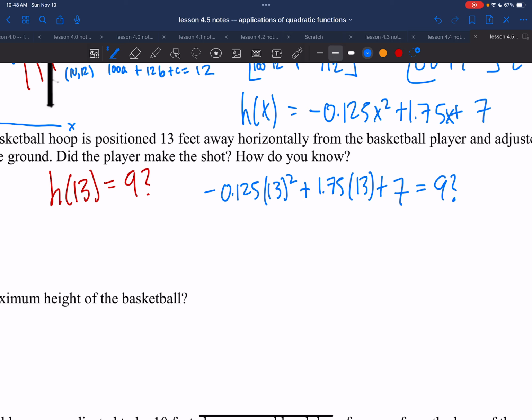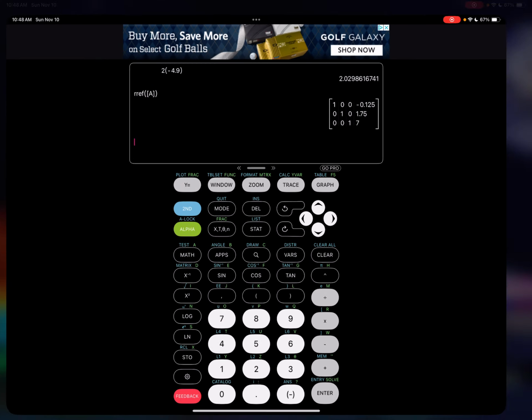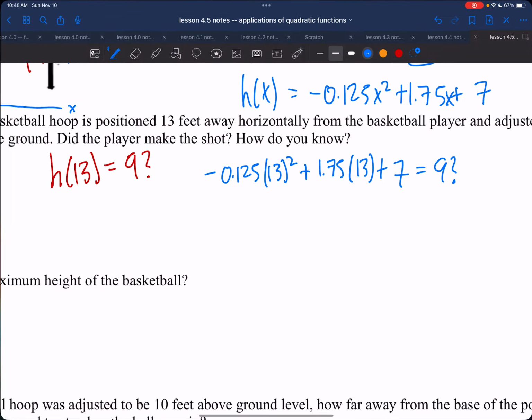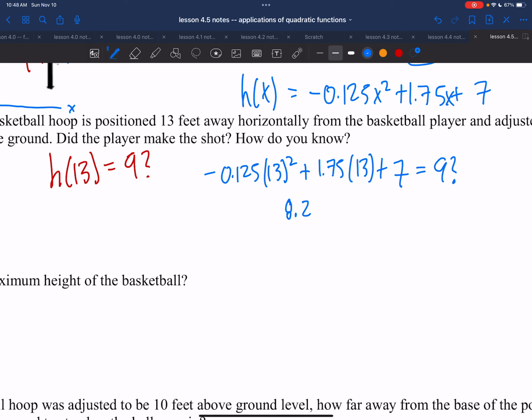So calculator time: negative 0.125 times 13 squared plus 1.75 times 13 plus 7. I get 8.625. 8.625 is not equal to 9.